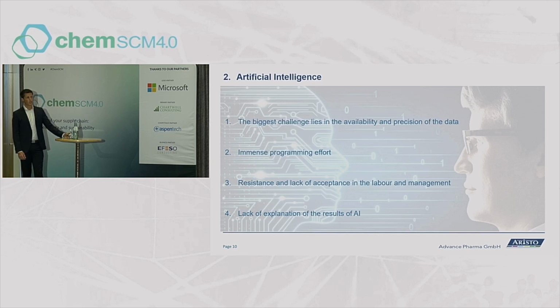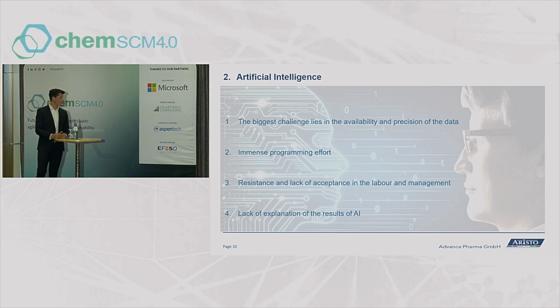So the biggest challenge for every company will be to have data available and precise data. The immense programming effort, we will come to that in a second. And of course, the resistance in the labor and then the management. I mean, the labor is obvious, but also the management might be resistant because they don't see the benefit of it and instead a really high invest.